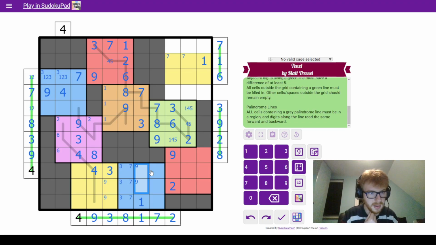We do need to end up with nine of every number, right? Within the grid. Two, four, six. We need a nine in yellow. Not there, not there. But these could all be nine. Okay. Sorry, we're not sure which way.